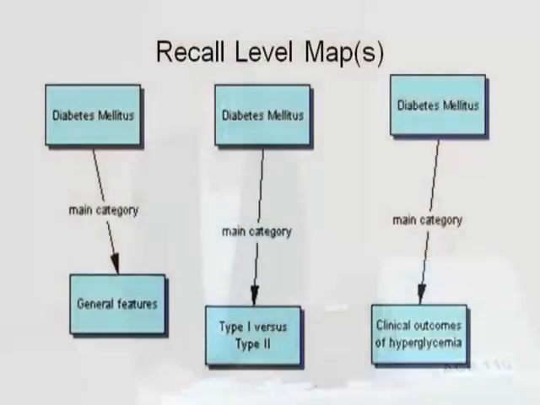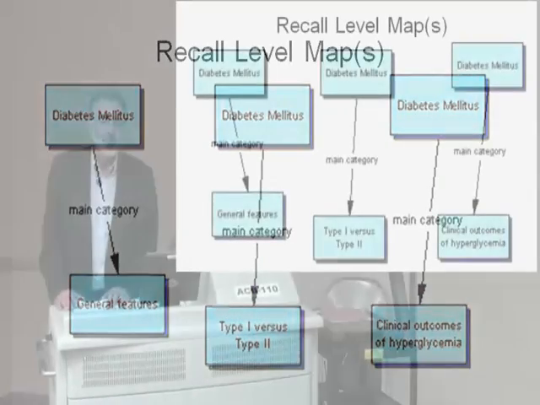Okay, so let me move now to an illustration in the next series of maps of some points about maps and about reading style. If you'll look at this, what we call recall level maps, recall means memorization. What do you recall from your learning?